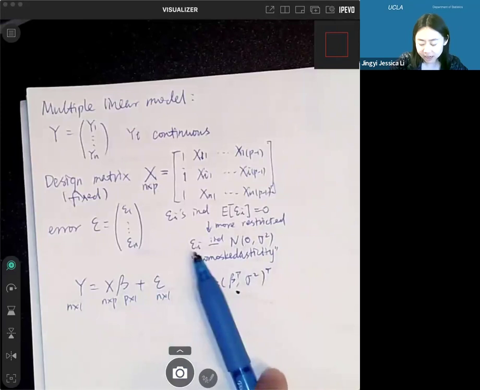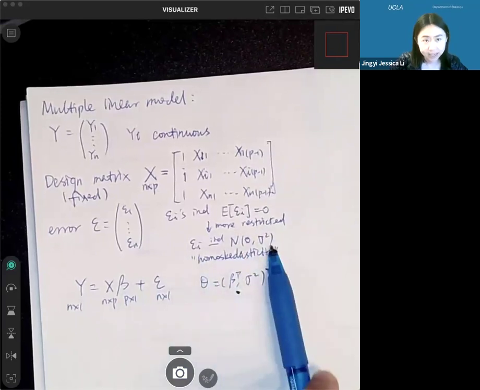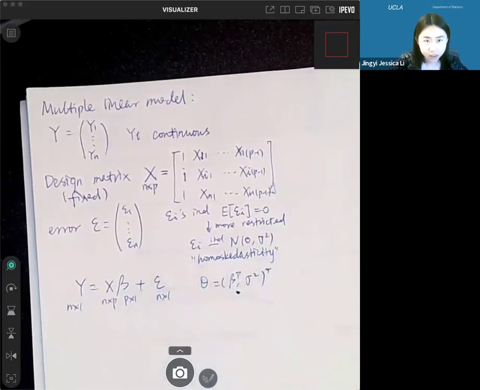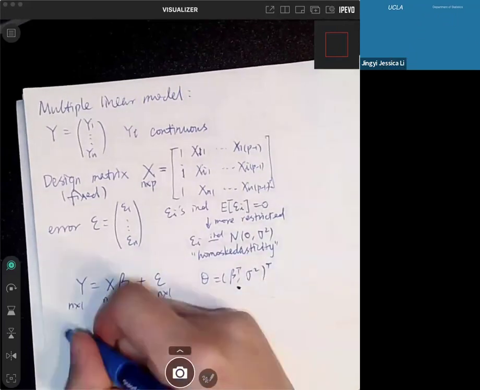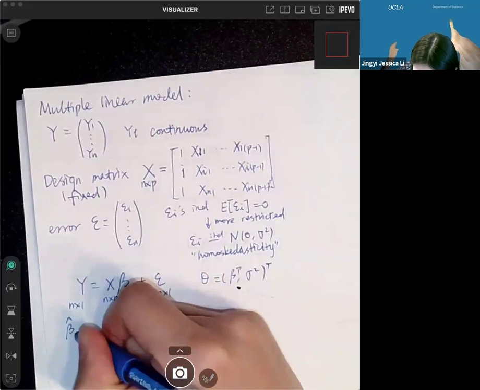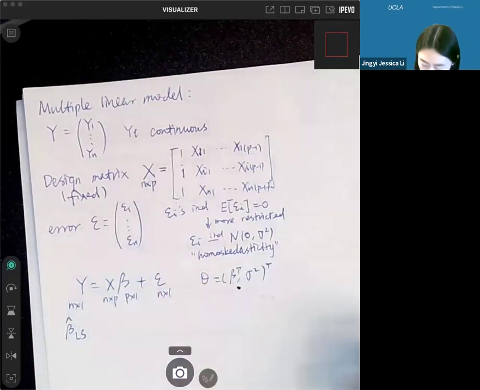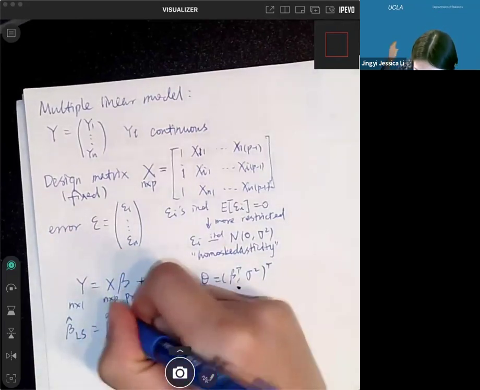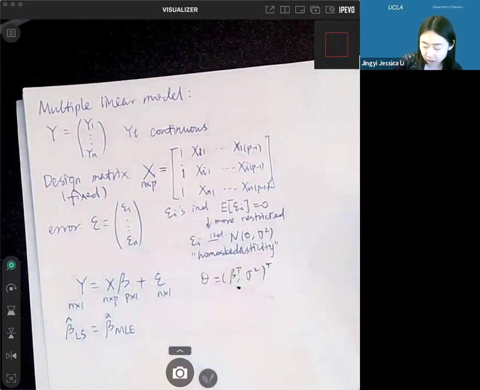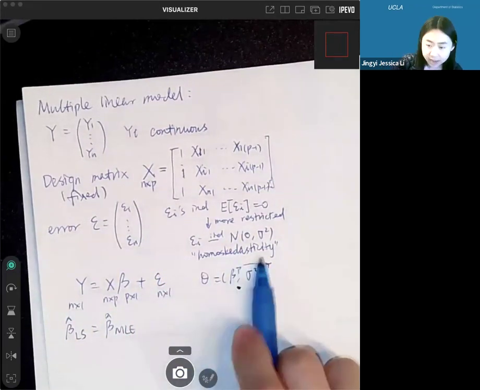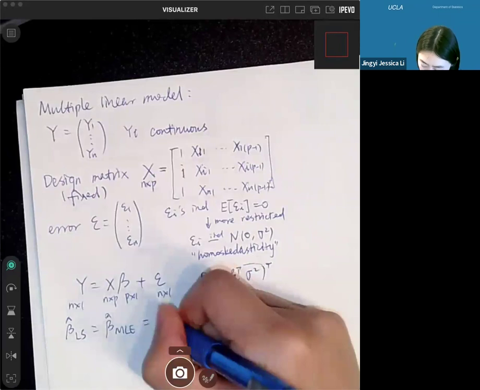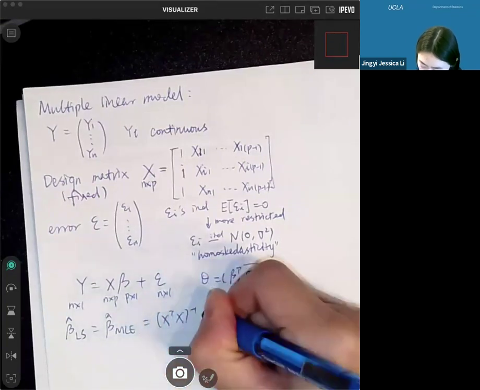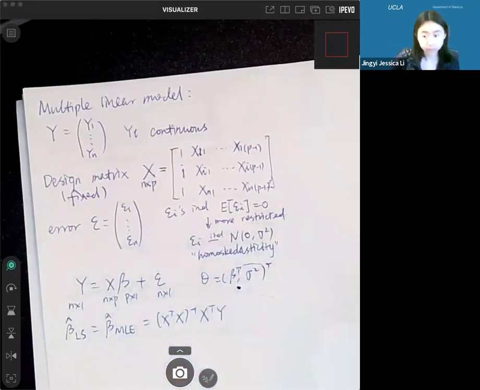But when MLE is under the normal assumption, it coincides with the least square. You have the same form. So basically, we have beta hat LS equals beta hat MLE under the normality homoscedasticity assumption, as X transpose X inverse X transpose Y.